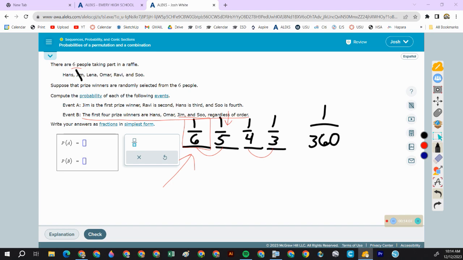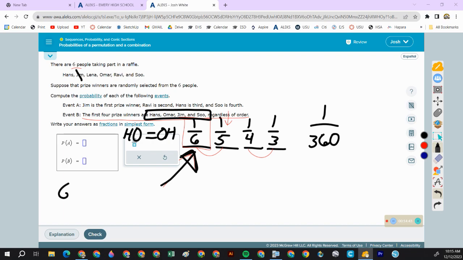Event B says, what are the chances that these 4 people win? Order doesn't matter. So if I draw Ravi for the first place, then I'm out. I lost, right? So HO is exactly the same thing as OH. So this is a combination.